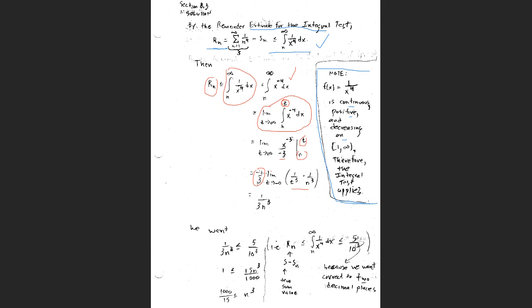And 1 over t cubed goes to 0 as t goes to infinity. So this gives me 1 over 3n cubed.